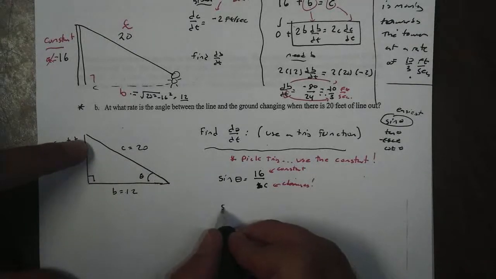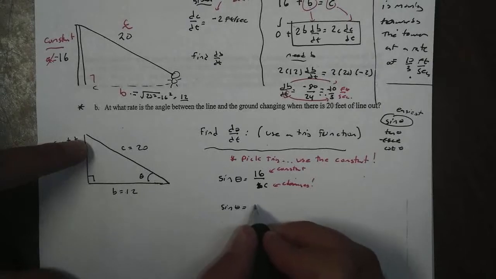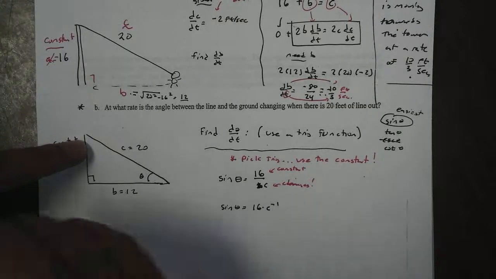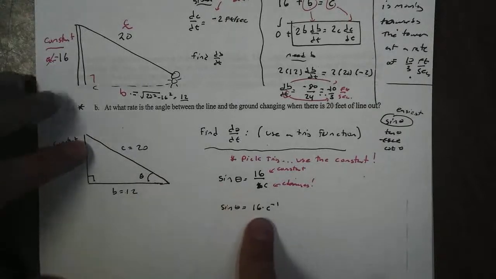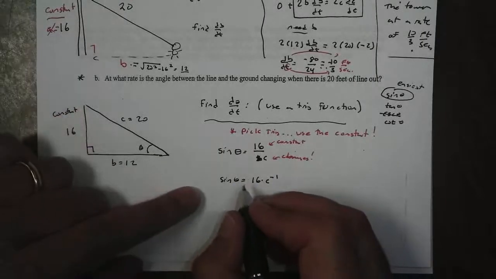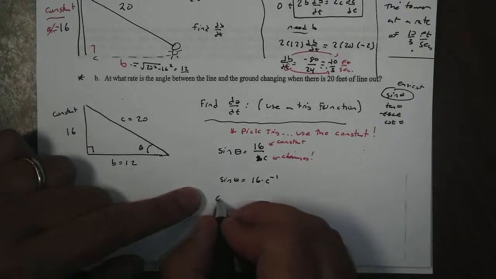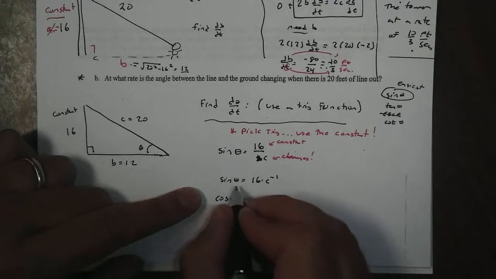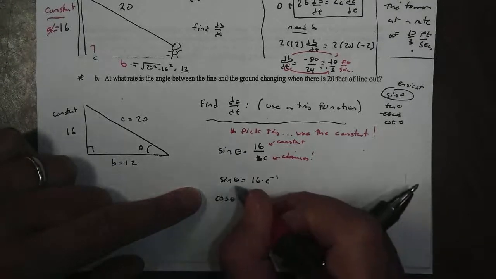So I can then rewrite this as sine of theta equals 16 times c to the negative 1. I'm going to have to take the derivative. All right, so let's be very careful when we take the derivative. The derivative of sine is cosine theta. Don't forget, this is the part you're going to mess up on.